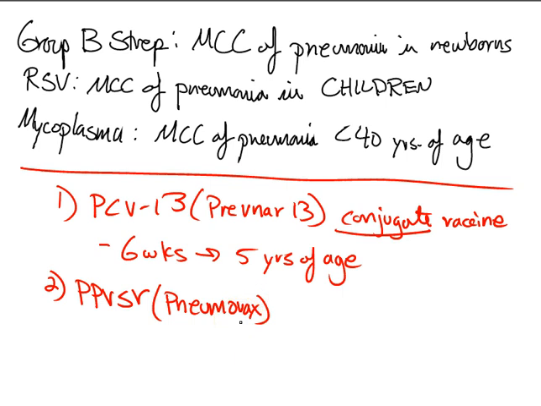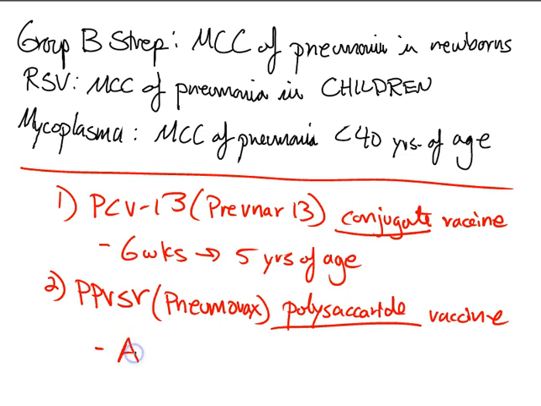And this is a 23-valent pneumococcal polysaccharide vaccine. And that's recommended for adults 65 years of age or greater. So that's what you need to know about that.